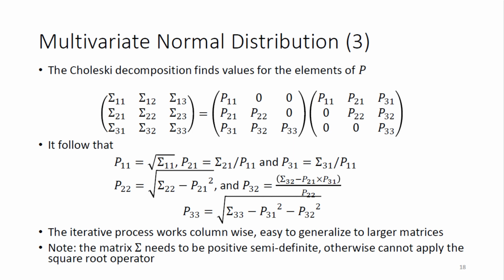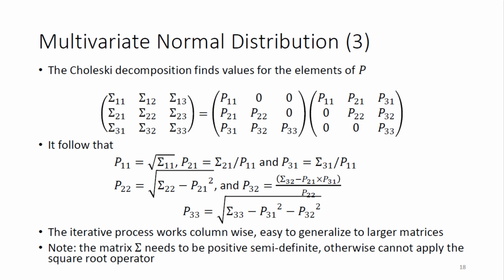Then for the third column, there's only one element remaining, P33. I need to take the sigma 33 element and subtract P31 squared minus P32 squared, take the square root of that, and then I have the P33 element.